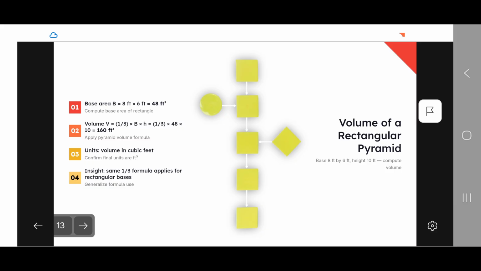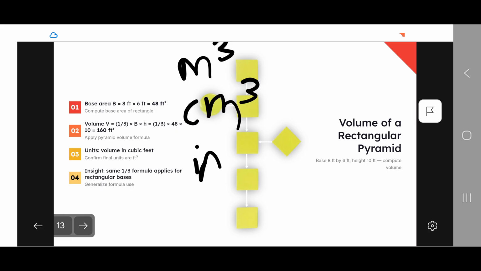So final thoughts: feet squared and feet cubed. So any given dimension, if it's meters, it needs to be cubed. Centimeters cubed. Inches cubed. Feet cubed.